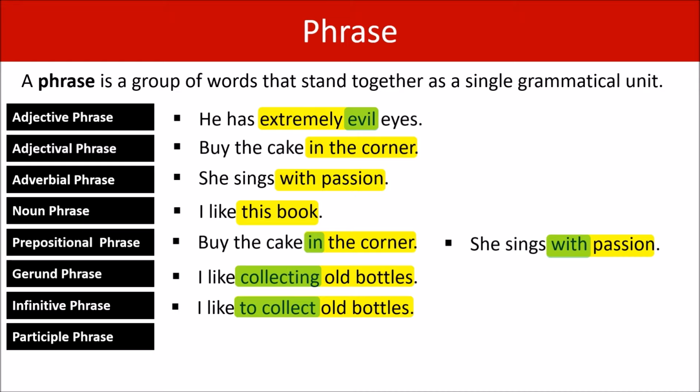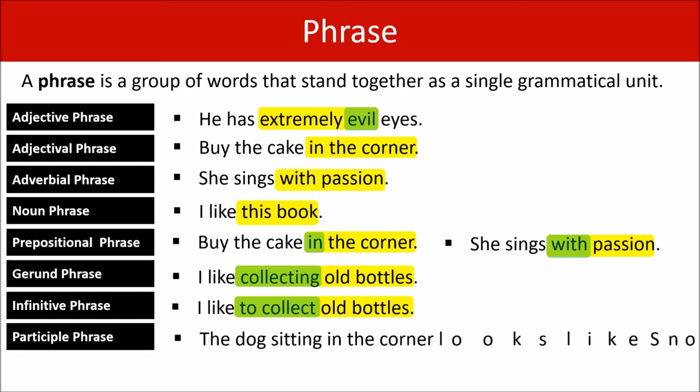Next, participle phrase. The dog sitting in the corner looks like Snoopy. Sitting in the corner. So this is a phrase headed by a participle. It is describing the dog, so it is an adjective phrase. It's an adjective phrase, not an adjectival phrase, because the participle sitting is a type of adjective.